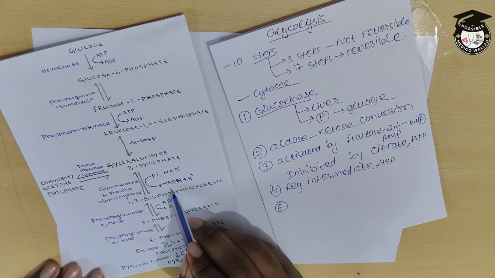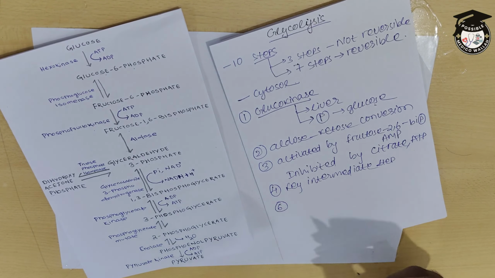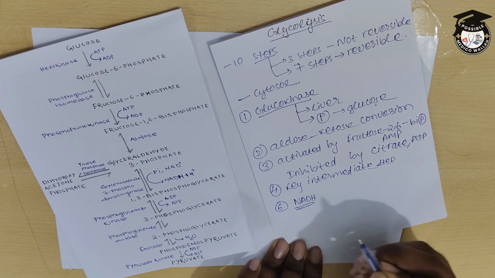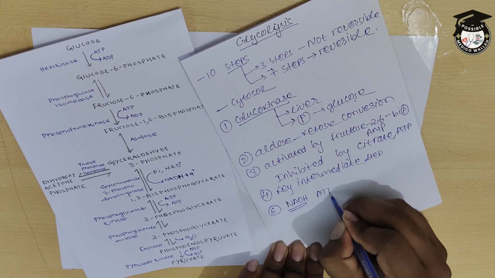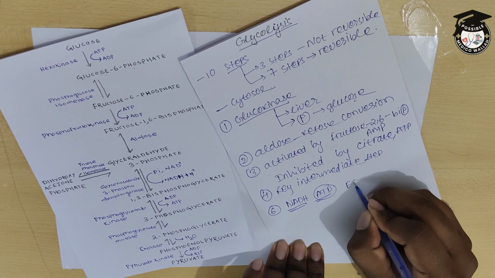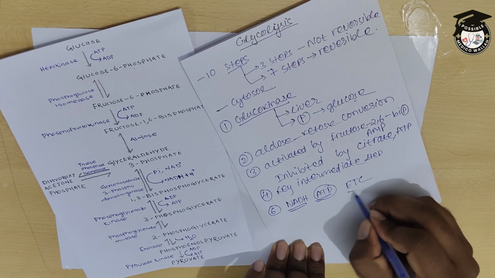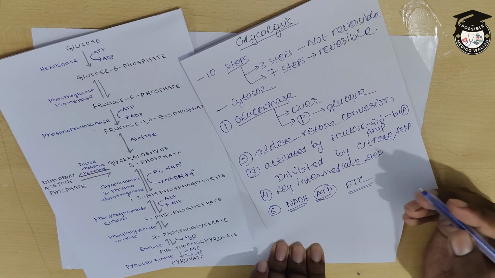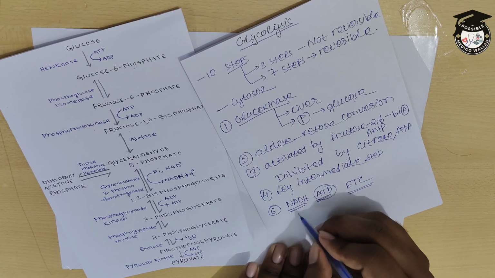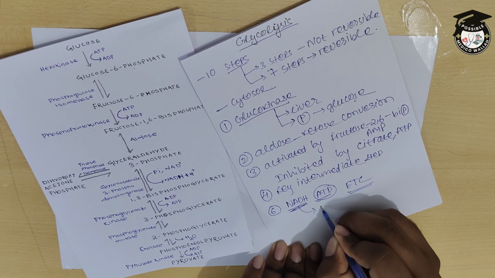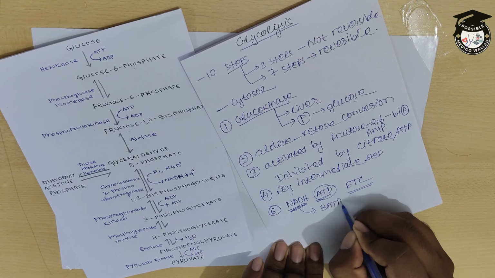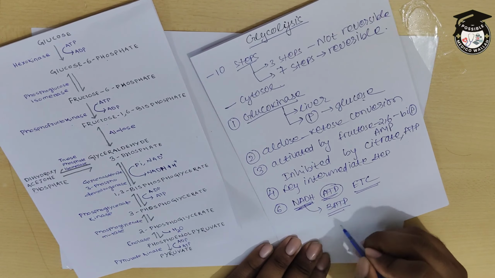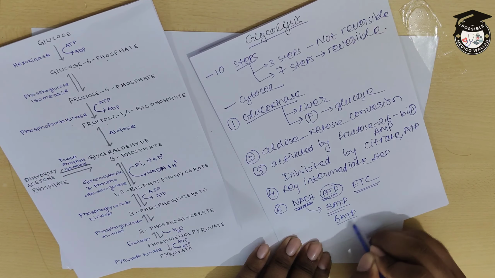In this, it is converted to NADH, and NADH is a source of ATP through the ETC, the electron transport chain, which occurs in mitochondria. From each NADH, our cell extracts 3 ATP. As it is in twice, 6 ATP are formed.